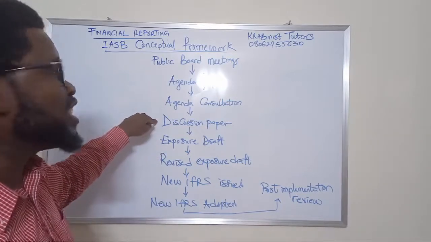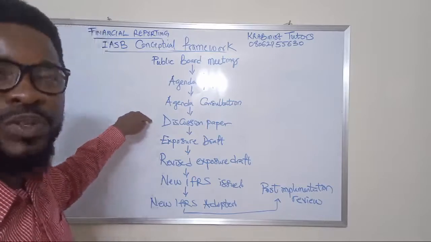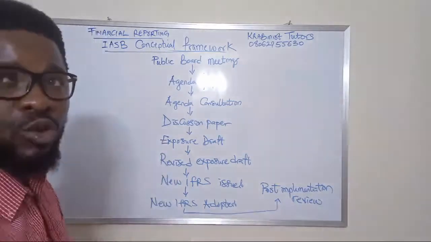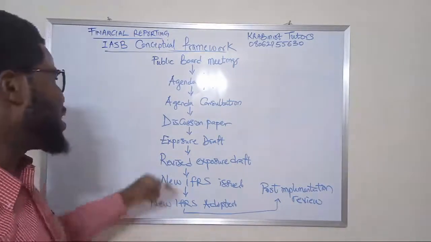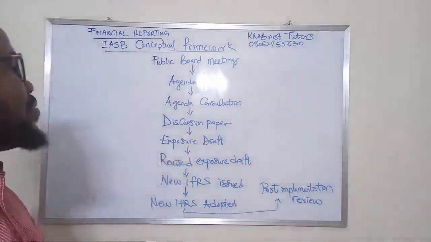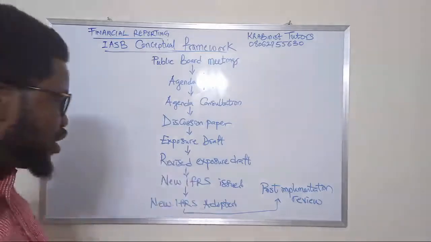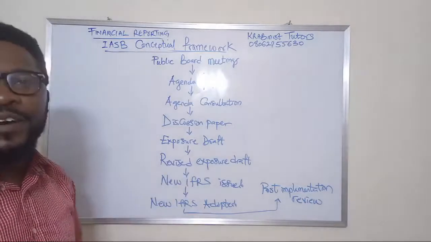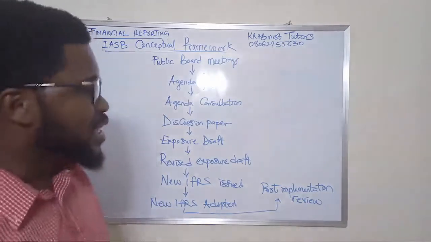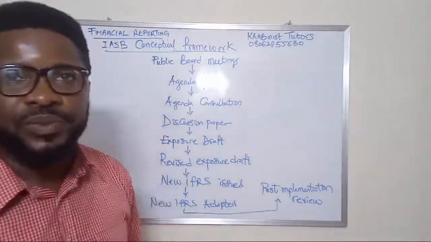Based on the discussion paper, feedback will come in, and then an exposure draft will be issued out to the public. Then a new IFRS is issued, the IFRS is adopted, then the post-implementation review.